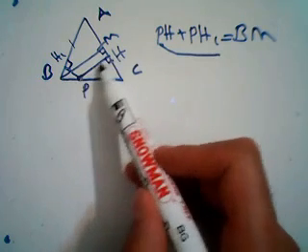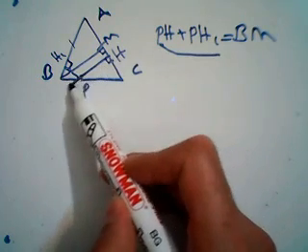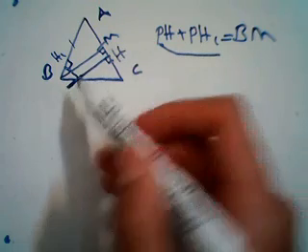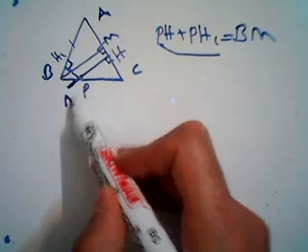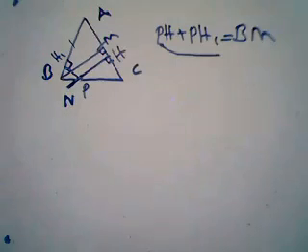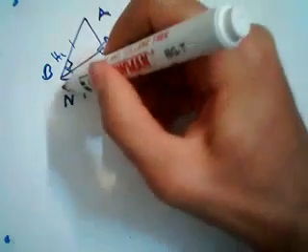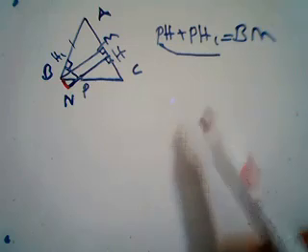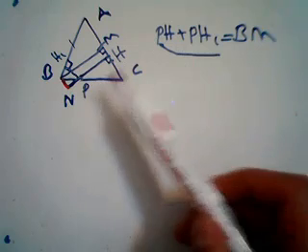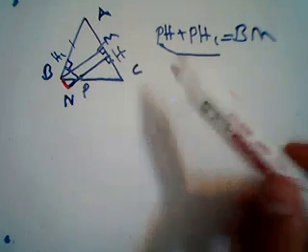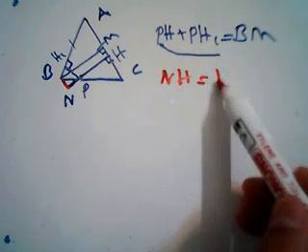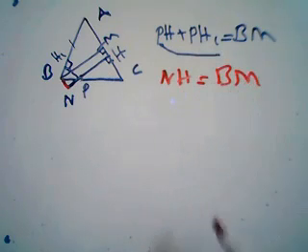Here we have PH and we extend it as PH1, and let's call the end N. Okay, and join these two. Now the problem is to show that NH, which is equal to the sum, equals BN.